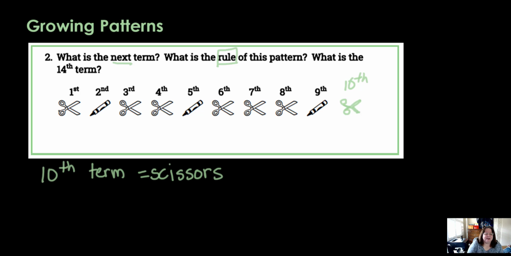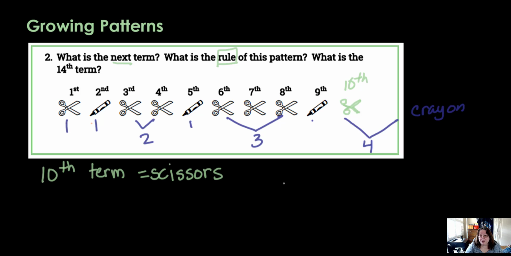Well, it starts out with scissors, then a crayon. 1 scissors, 1 crayon. 2 scissors, 1 crayon. 3 scissors, a crayon. 4 scissors, and then a crayon. The rule would be that every time there's a crayon, we're adding another pair of scissors before each crayon.